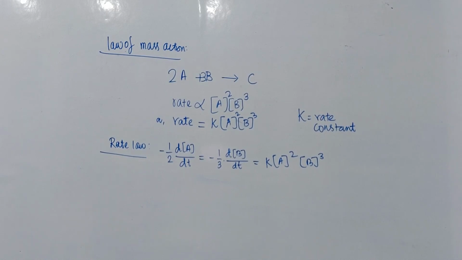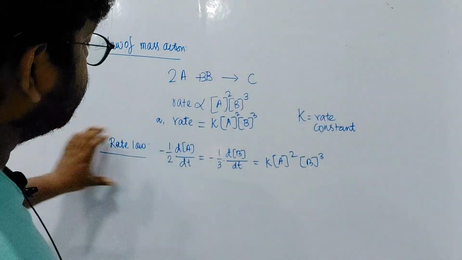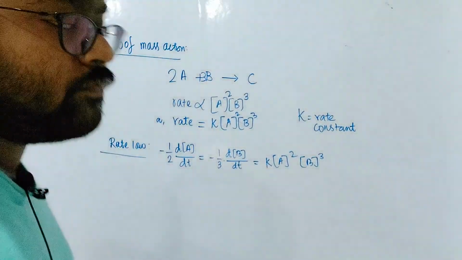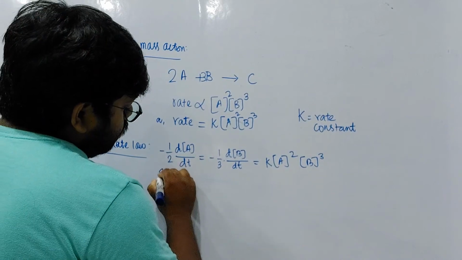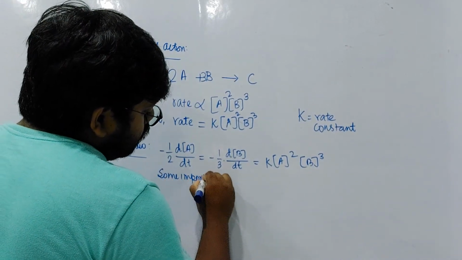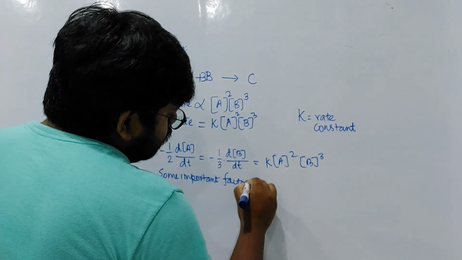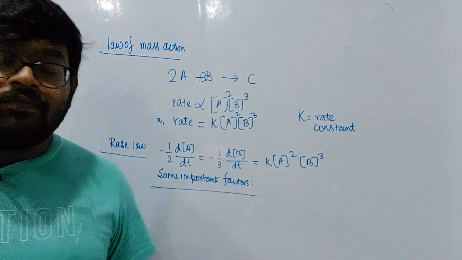So we have now learned how to write down the law of mass action, and we have also learned how to write down the rate law of a chemical reaction. Now there are some very important factors that we have to understand. Okay, what are these factors?